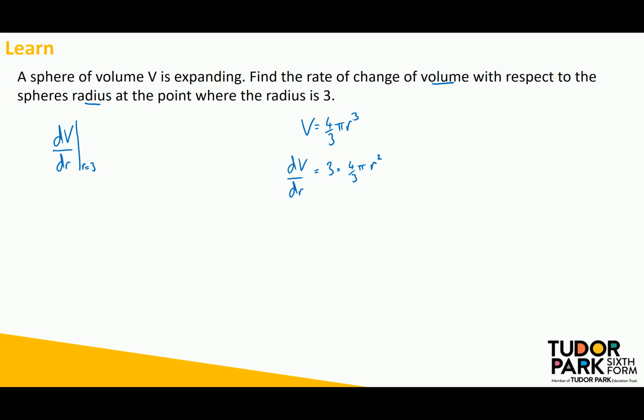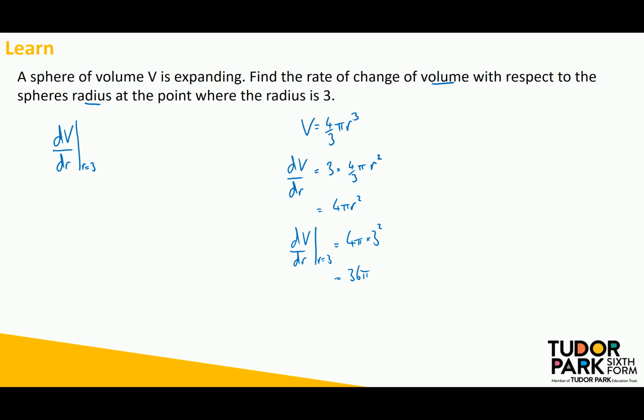Bring the power down to the front, reduce the power by 1. Tidying things up, I've got 4 pi r squared, and differentiating that at the point where r is 3 would give me 4 pi times 3 squared, which is 36 pi.